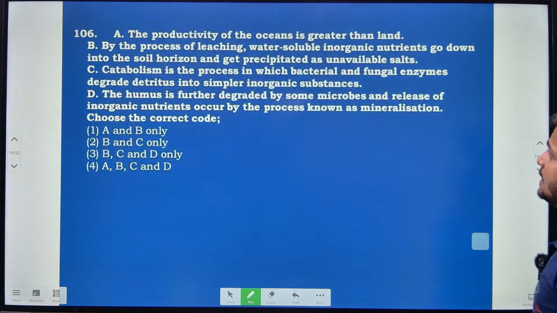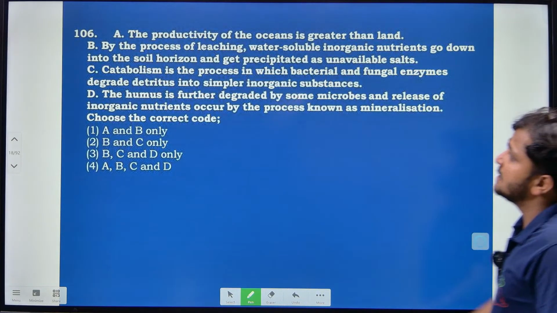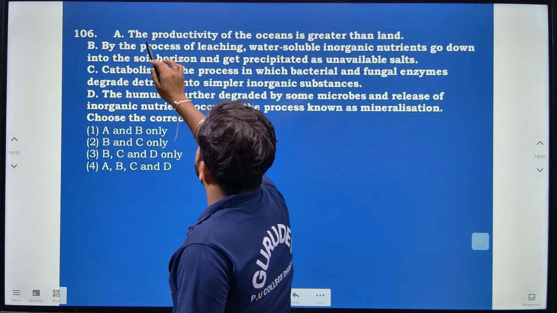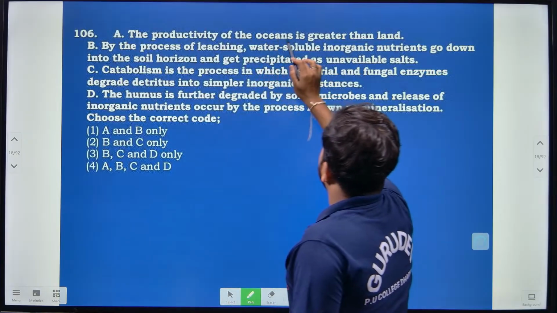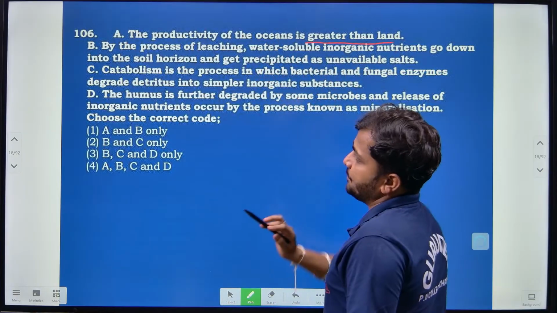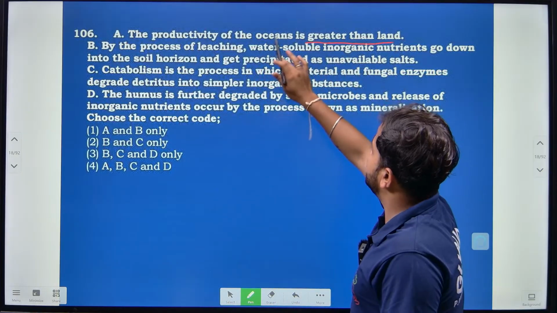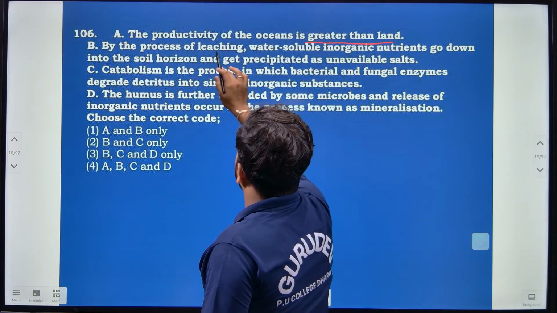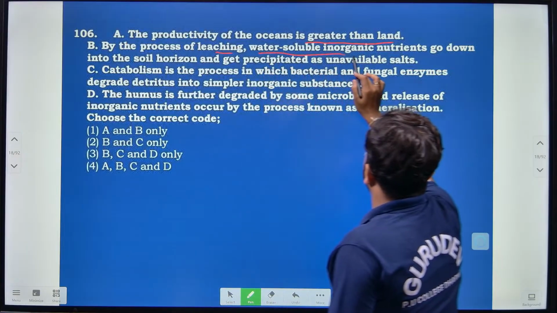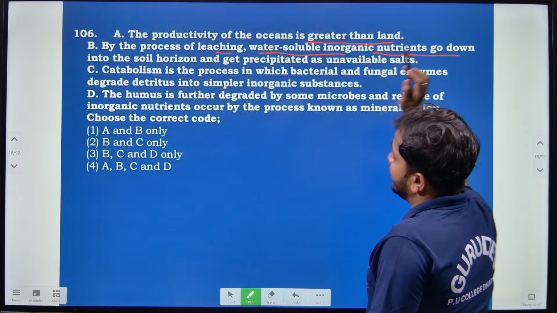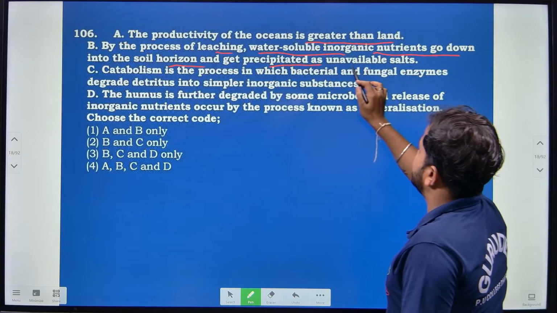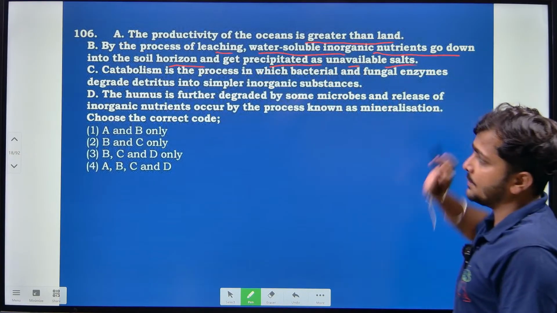Then the next question, that is 106. First, statement A says the productivity of the ocean is greater than the land. Then by the process of leaching, water soluble inorganic nutrients go down into the soil horizon and get precipitated as unavailable salts.